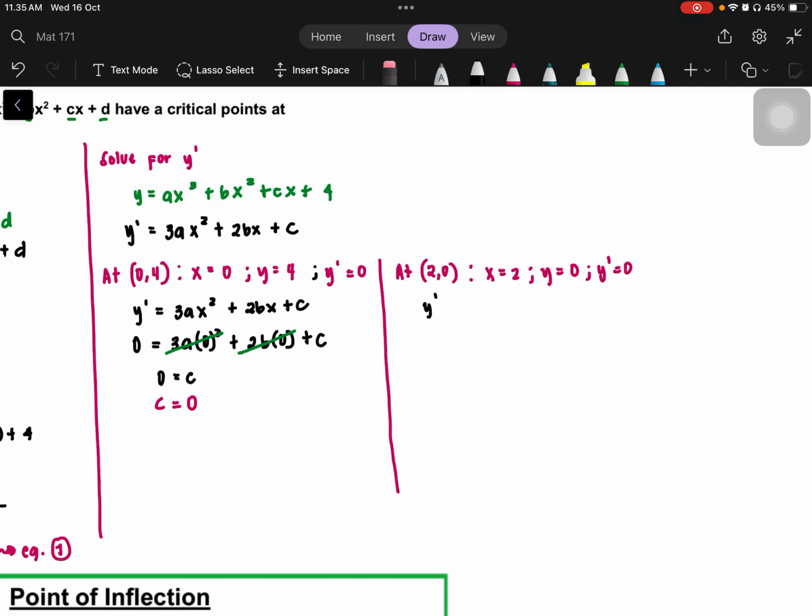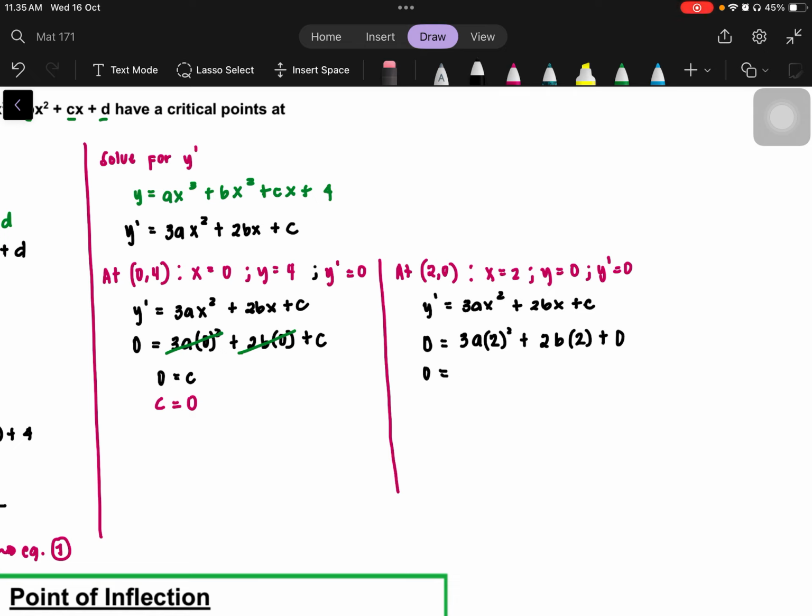So, now, try lang ulit natin. Using the same given, we have y prime is equal to 3ax squared plus 2bx plus c. Okay, y prime is just 0 is equal to 3a, ano yung x natin? We have 2 squared plus 2, ano yung b natin? Hinahanap din si b, x natin is 2, plus yung c natin is 0, diba?